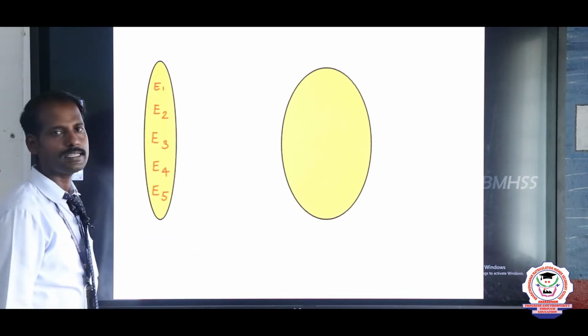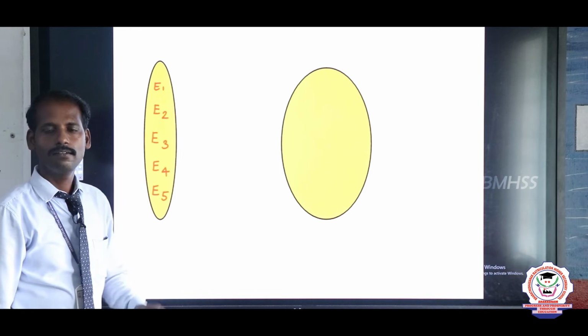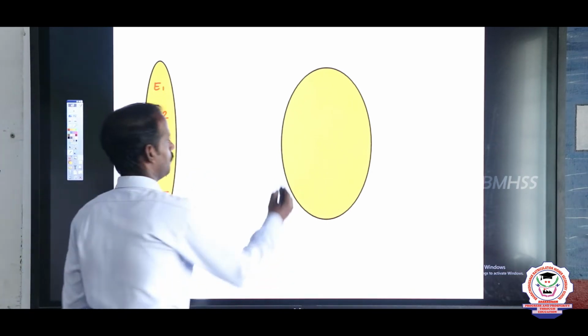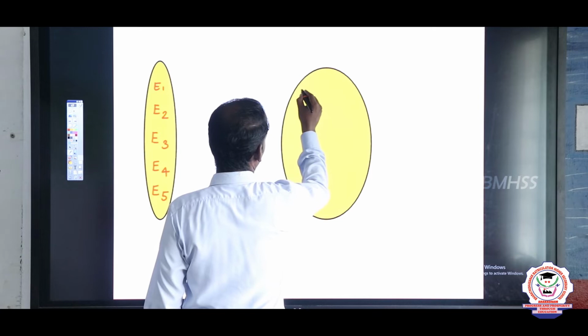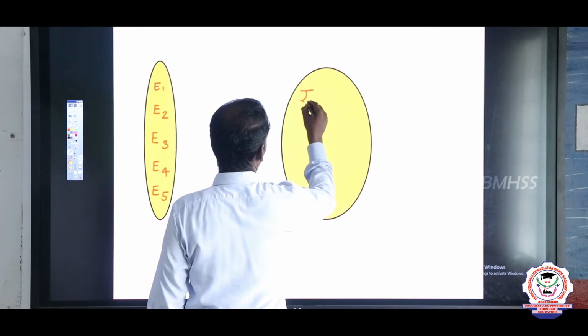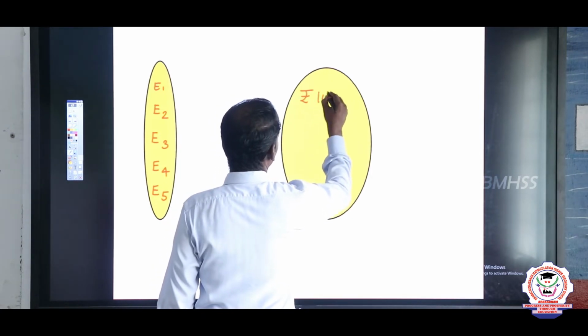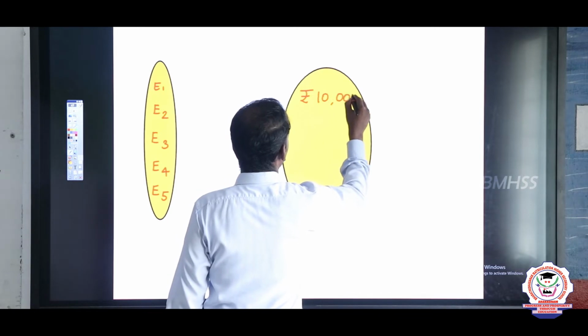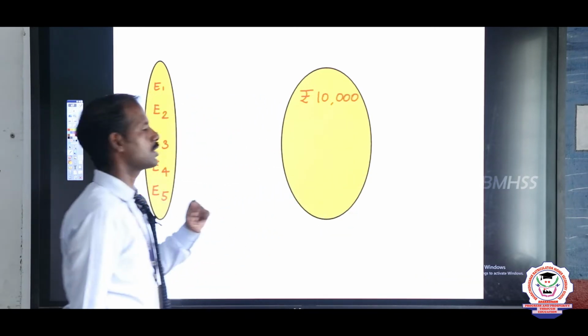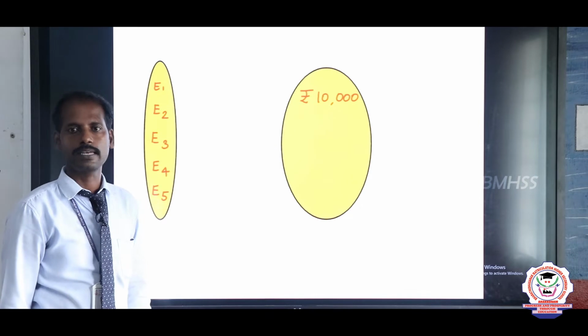The first employee gets a salary of 10,000. So employee 1 gets a salary of 10,000.